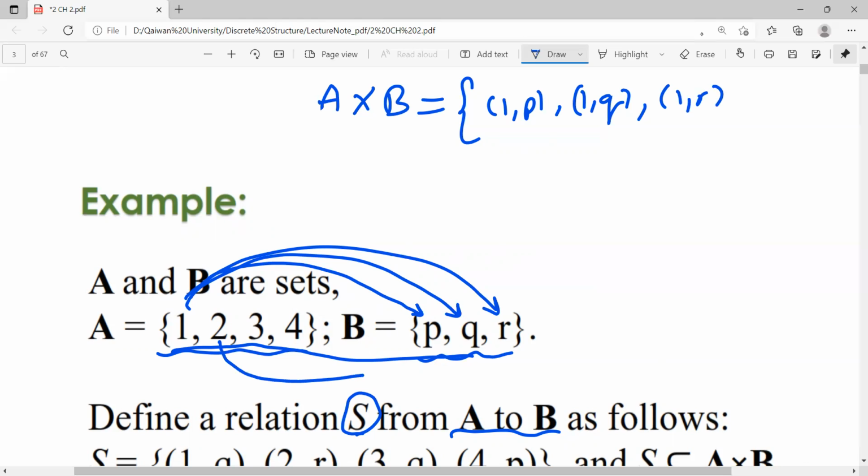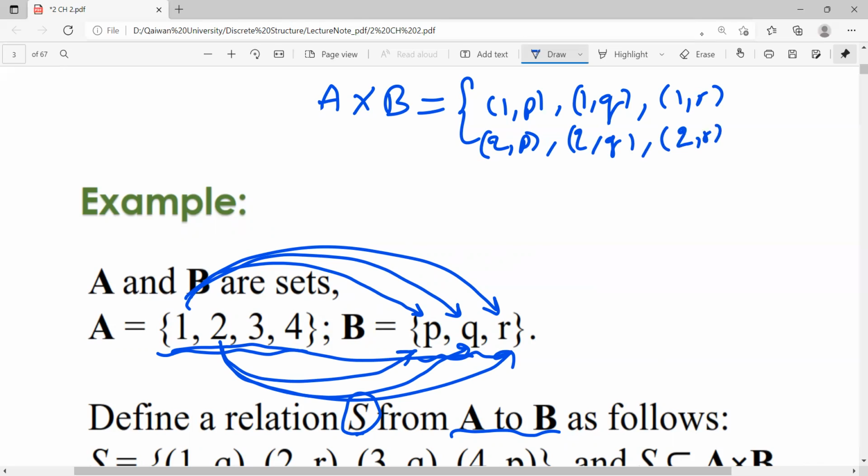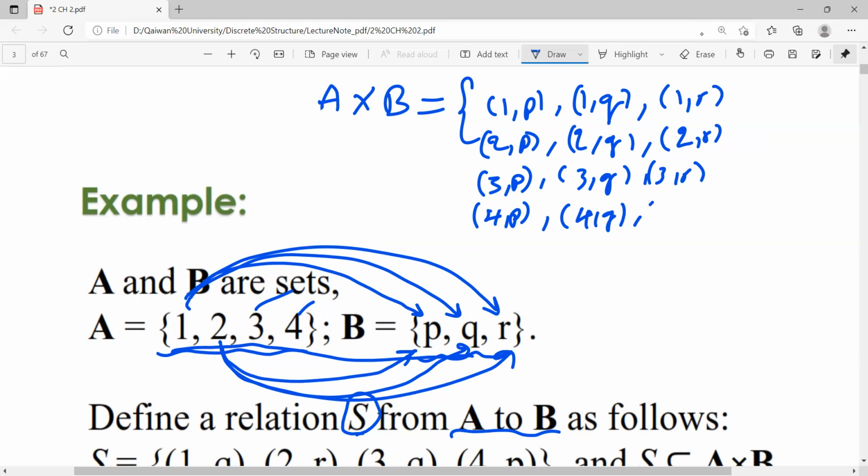And 2 should relate to P, Q, and R, so we have 2P, 2Q, 2R. And then for 3 and 4 also: 3P, 3Q, 3R, 4P, 4Q, 4R. These are the members of A cross B.